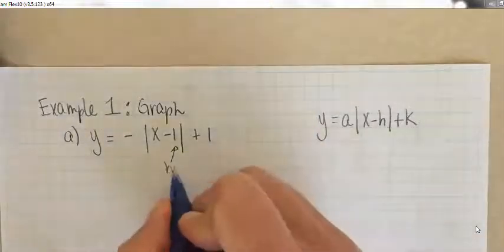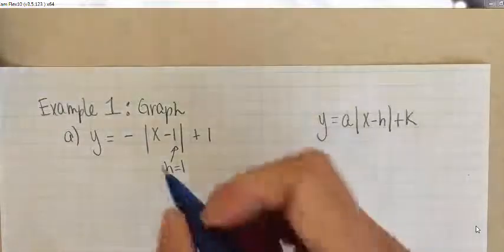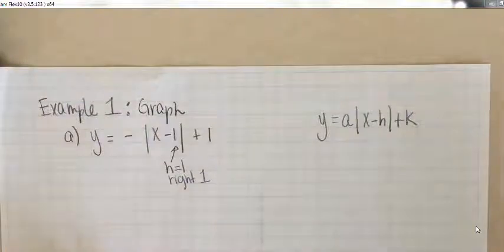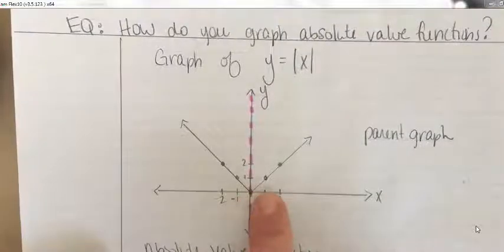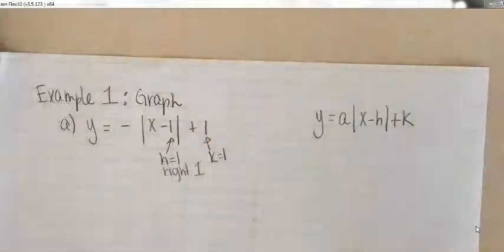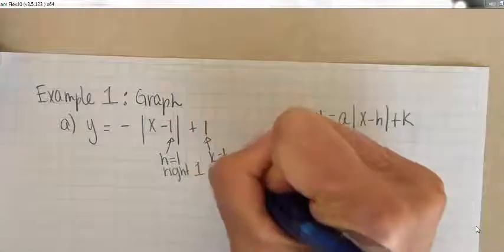well, h equals 1, which means I've moved right 1 unit from where my parent graph is. My parent graph starts at the origin. So this graph is going to have moved 1 over to the right. All right, well, my k is also equal to 1. So that means I'm going to go up 1.